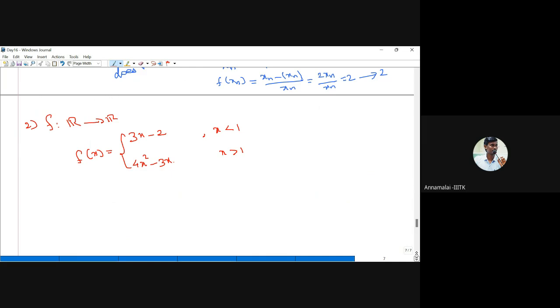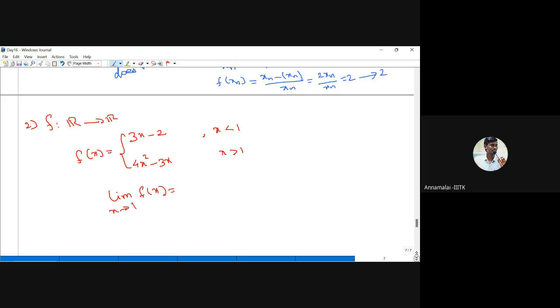Now, what is our aim? What do we have to find? We have to find the limit as x tends to which point? 1. Yeah, very good.